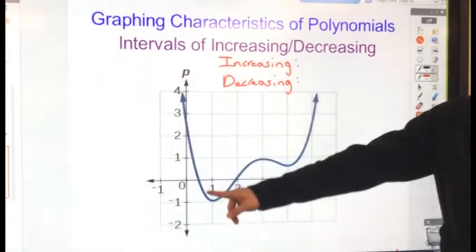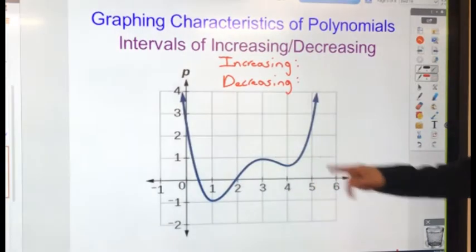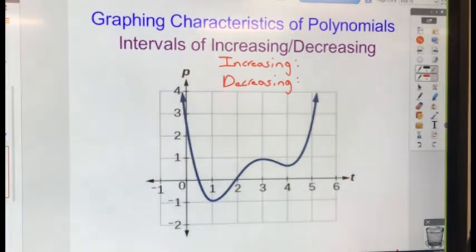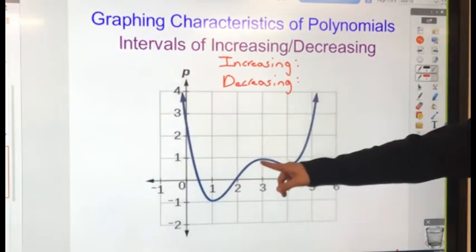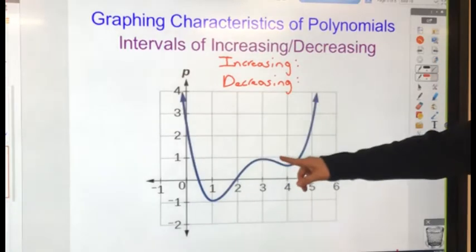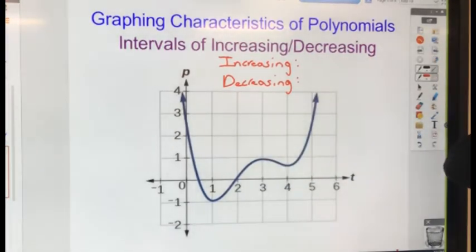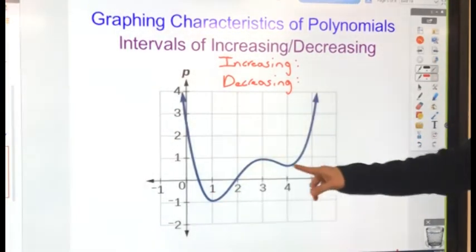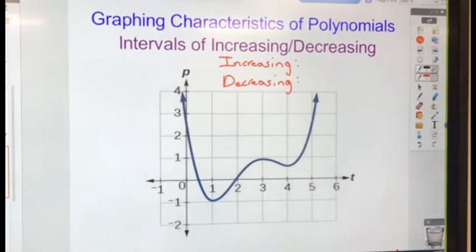That's what I have, 1, 2, and 3. 3 turning points. How many maximum turning points? I just have one hill, right? Yeah. One mountaintop. How many minimum? I have 2 valleys. Yep. So I have a total of 3.